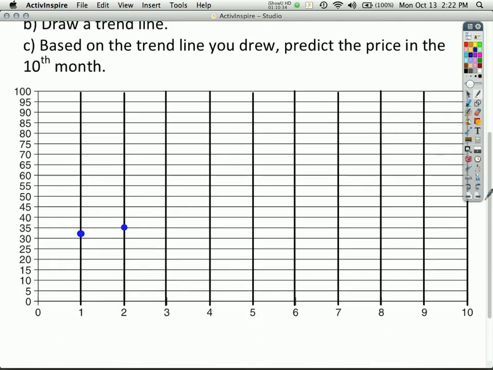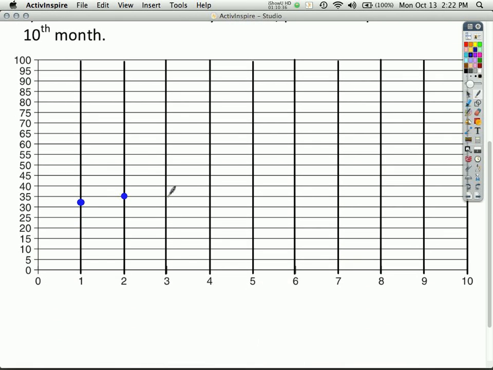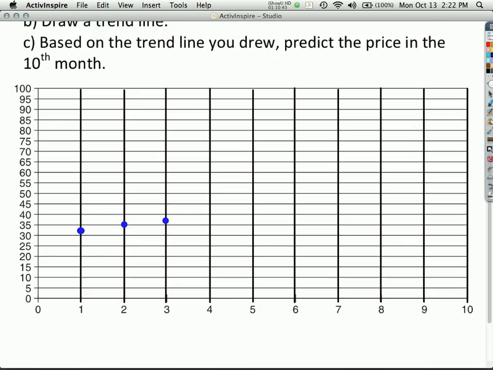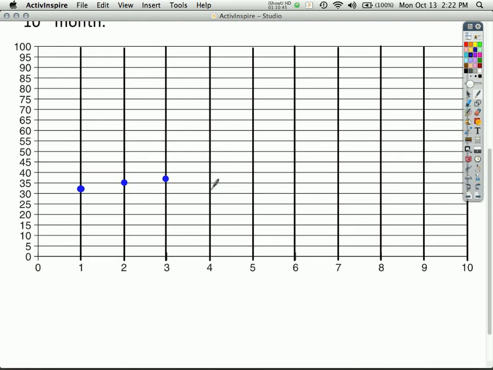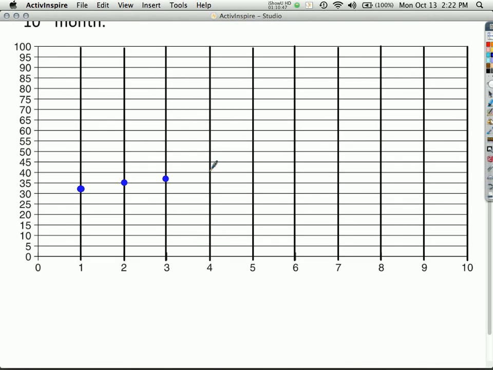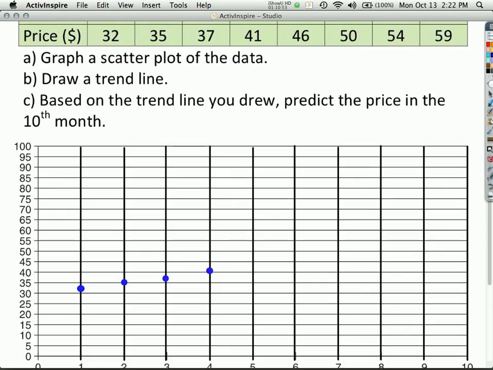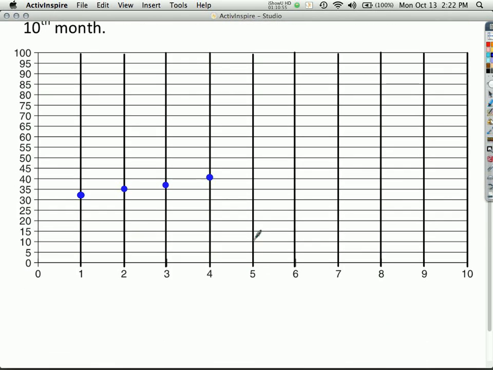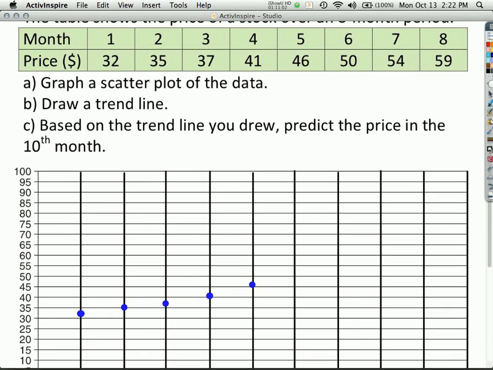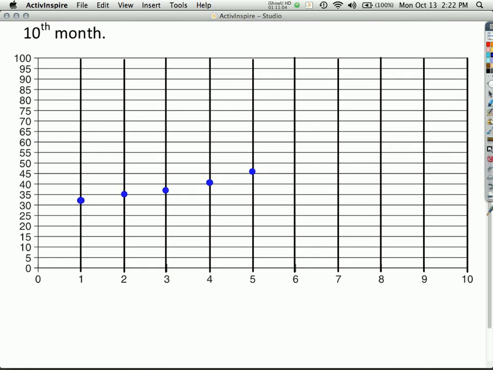And third, 37. Fourth is going to be 41, so just above the 40. You don't want it to be exactly on the 40, you want it to be just above the 40. And then 5, 46. So again, not on the 45, but just above it. And then 6, 50.